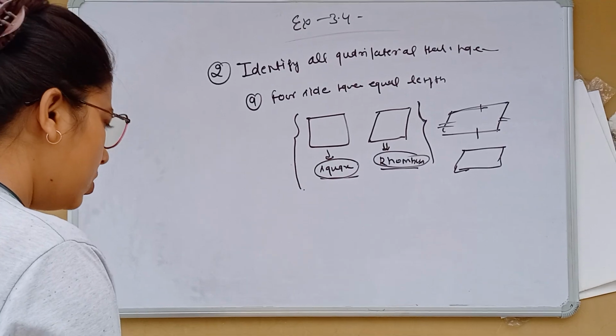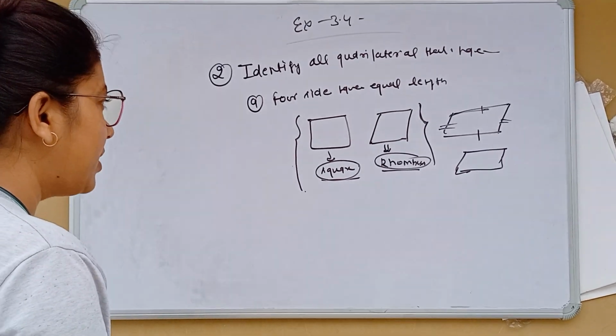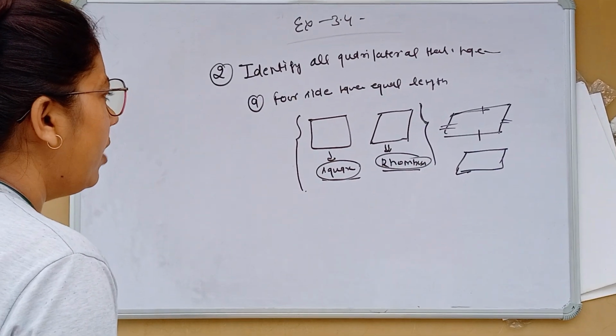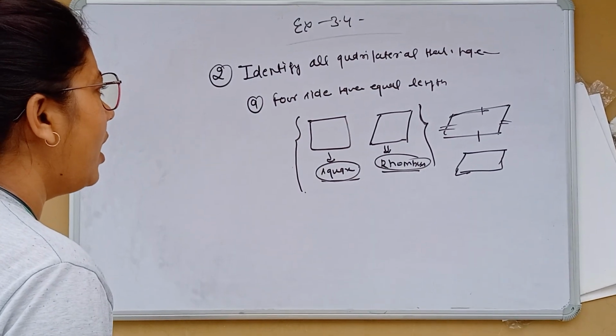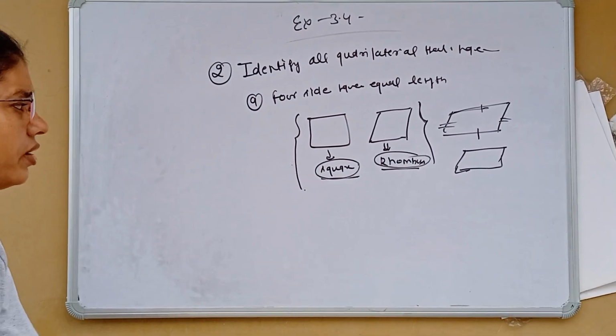So you can write in your copy: first make a figure, then write the names of the quadrilaterals that have all sides of equal length.